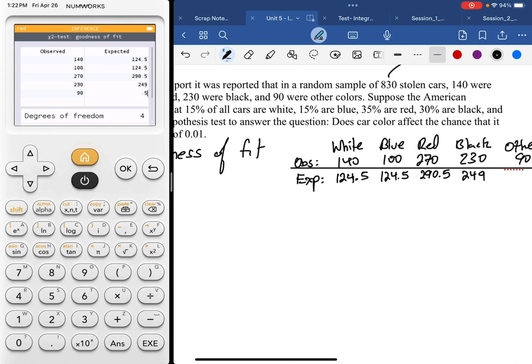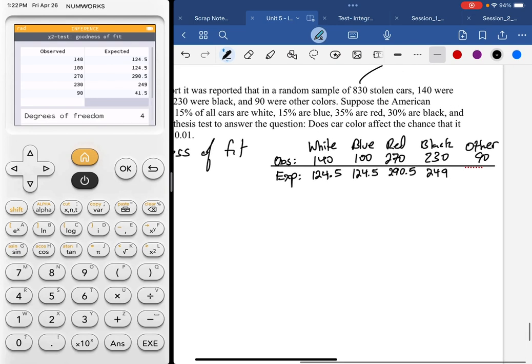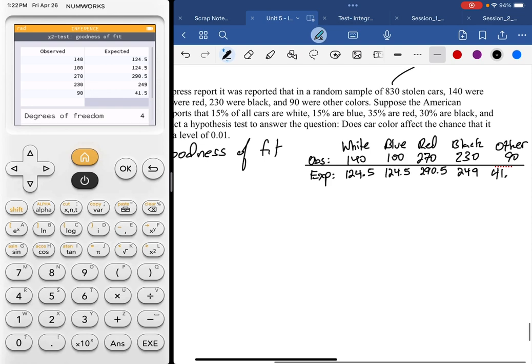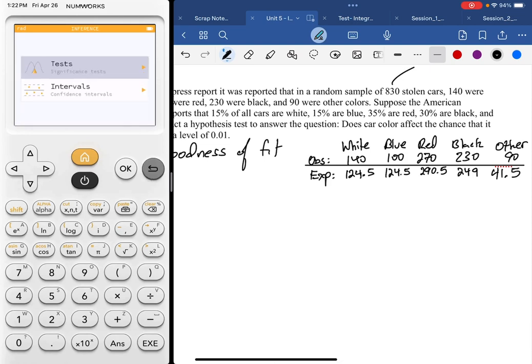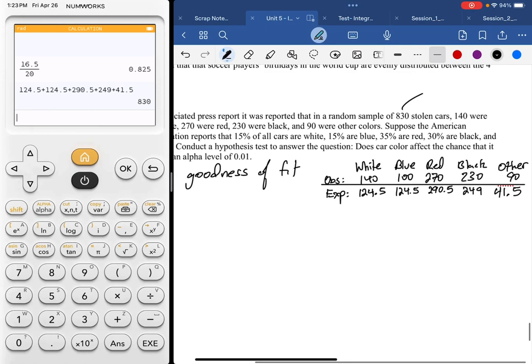So 0.05 times 830. So 41.5. Now, personally, I like to do a quick double check. 124.5 plus 124.5 plus 290.5 plus 249 plus 41.5 adds up to 830. So I'm confident that I didn't just totally botch this.